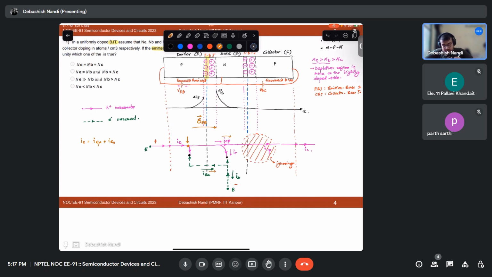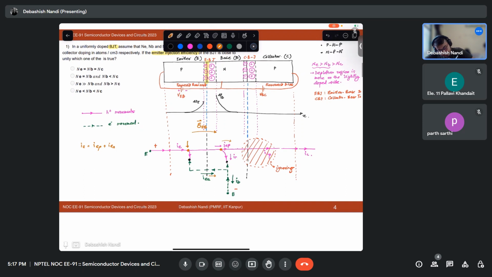At this node, your IEP would be equal to your ICP plus IR. And at this node, your IB is equal to IR plus your IEN. This is coming from this side, this is coming from this side, and going out of this node.